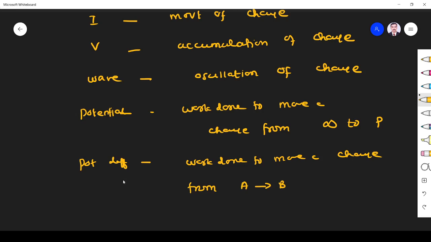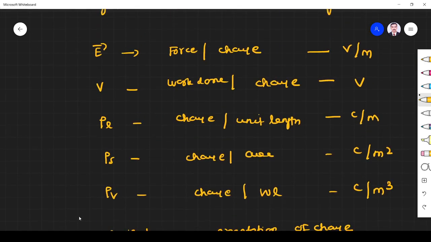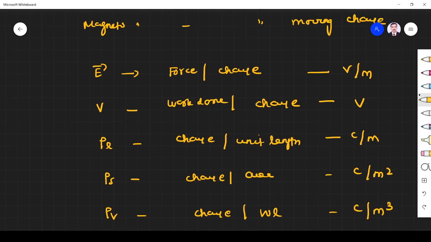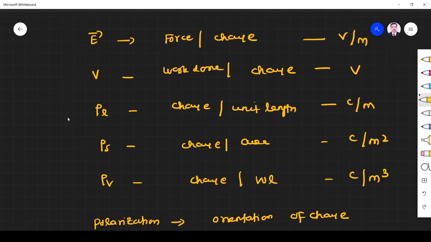So that is what we have to know, what is potential and all, right? Okay, so in this way we can relate everything with respect to charge, right? So study of electric charge, moving charge, right?